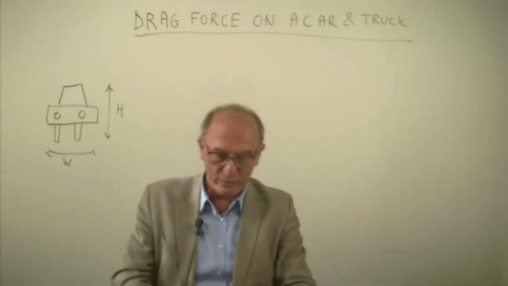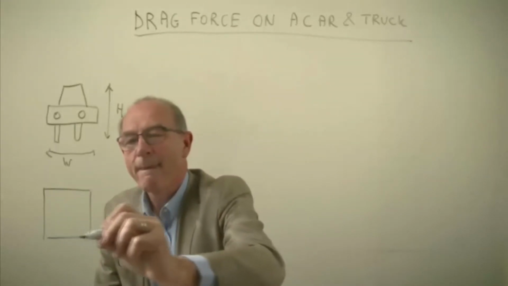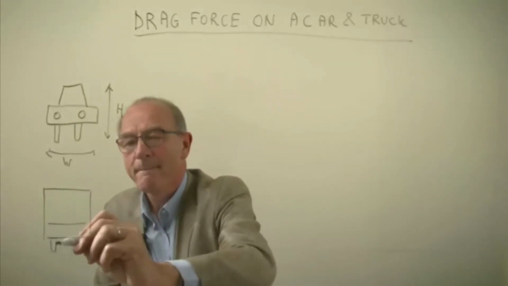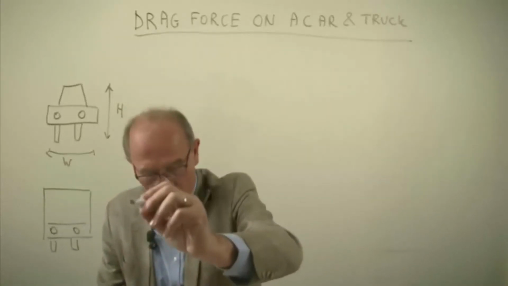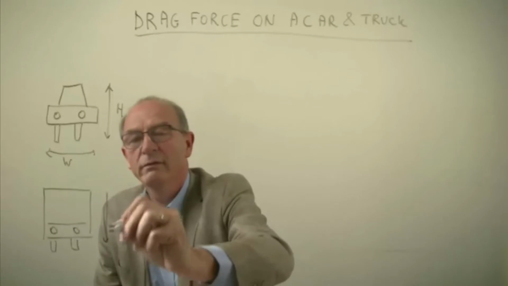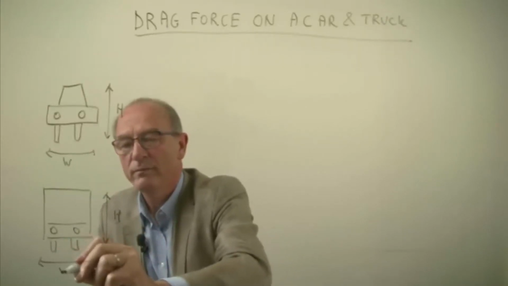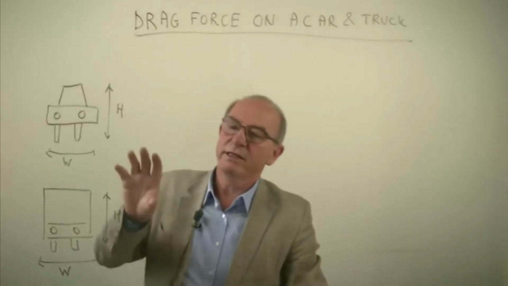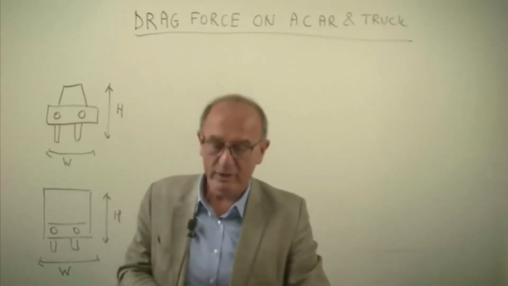And then I make a sketch of the truck, which is a little bit simpler. Also with a certain height, the width. Well, the air we could also draw a little bit. Well, okay, leave it in this way.